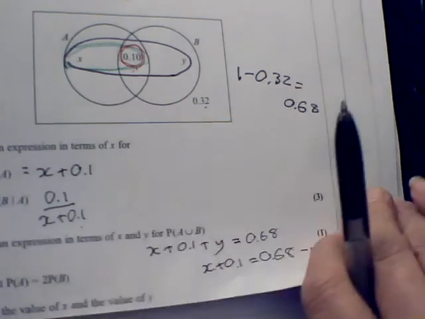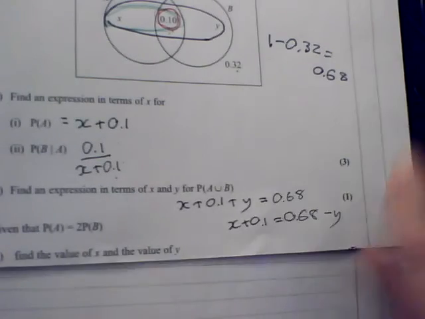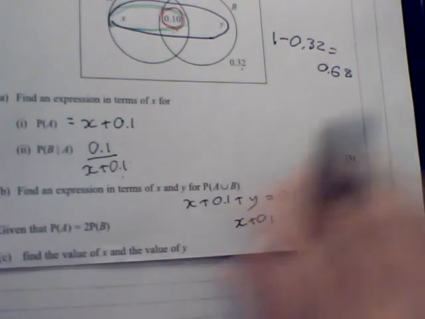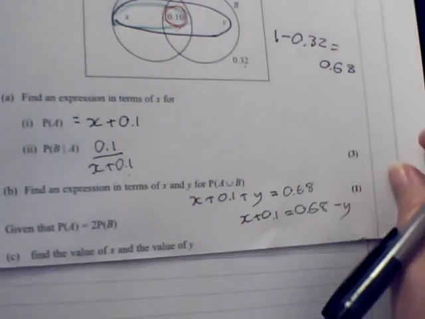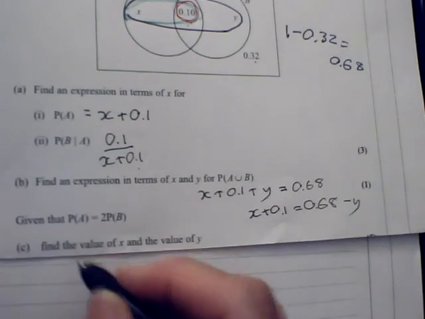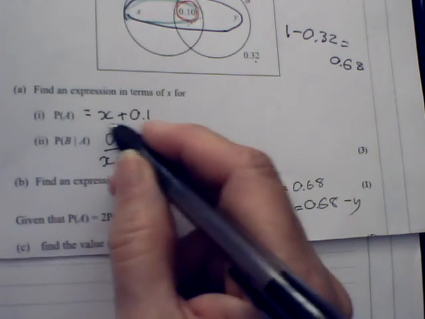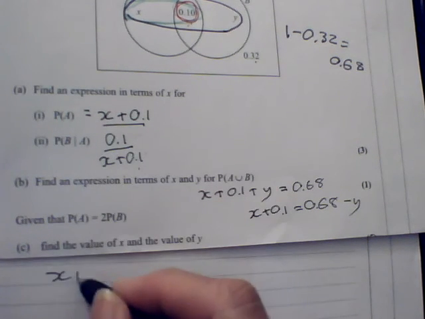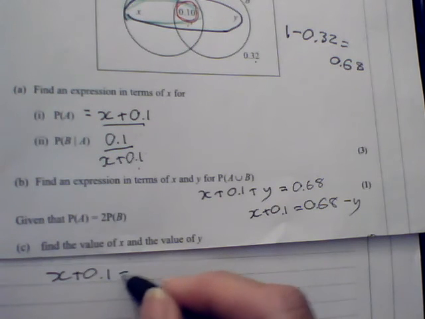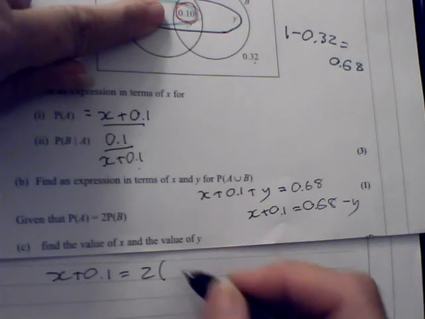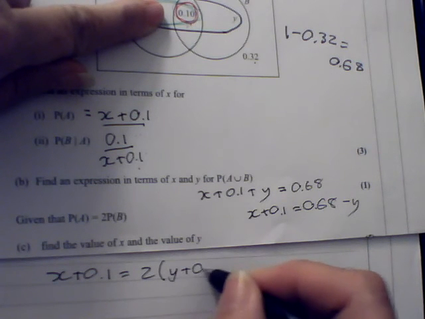So now they're saying, given that the probability of A is 2 times the probability of B, find the values of x and y. Okay, so let's write this down. The probability of A we've already got here: x plus 0.1 equals 2 times the probability of B. Well, the probability of B is y plus 0.1.